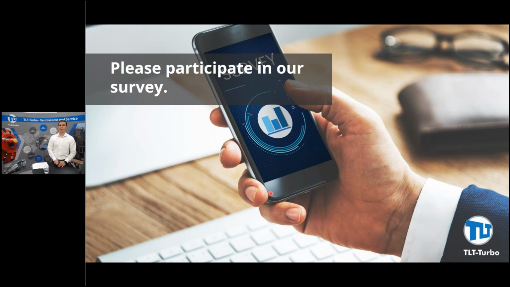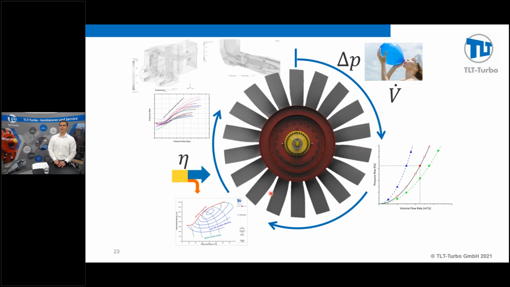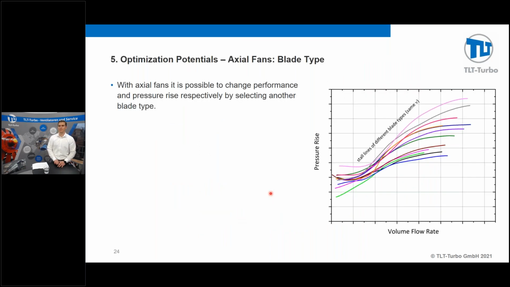So then we move on, coming now closer to the end, where I would like to talk about optimization potentials, starting with the fan and then coming to optimization potentials for duct systems. Here I only picked, once again due to time issues, actual fan types.